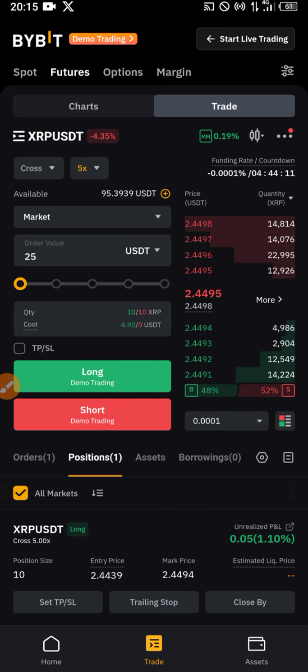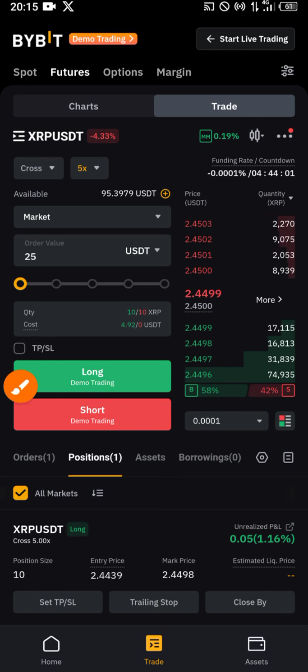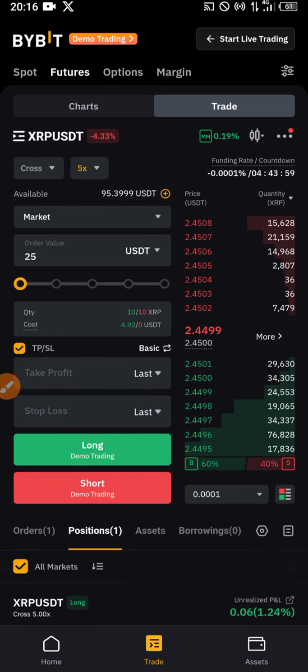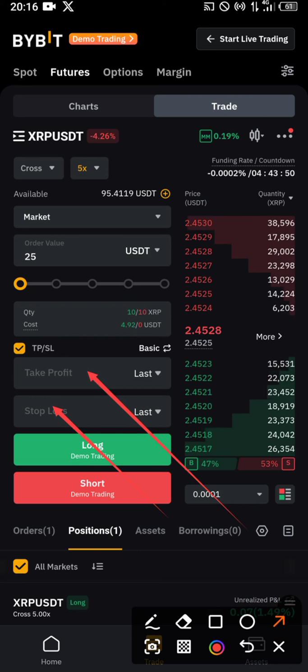Good. So let's move to setting a stop loss, which is the TP and SL. This is where they are. When you check it like that, you can set your take profit and stop loss here. The stop loss tells Bybit when to close your trade if it goes the wrong way, up to this level.